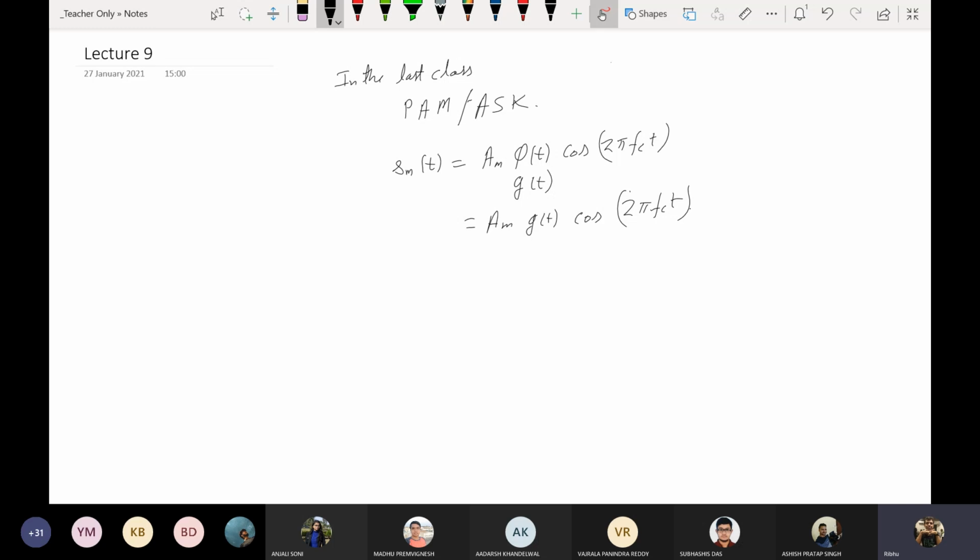Now let us move on to another form of modulation that is known as phase modulation.